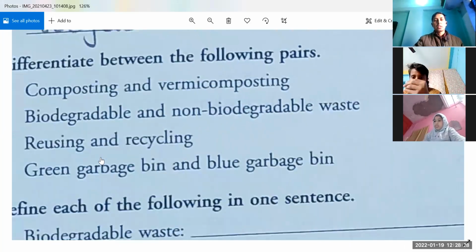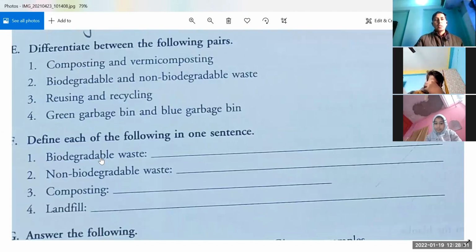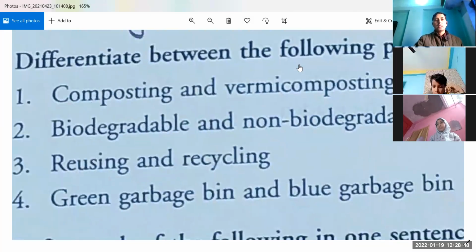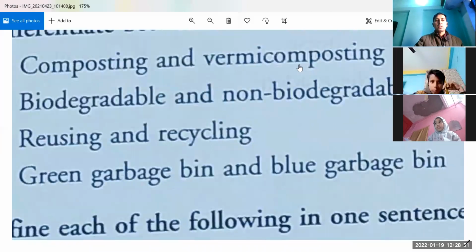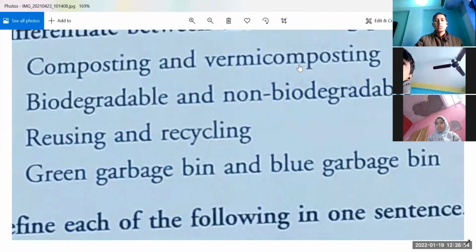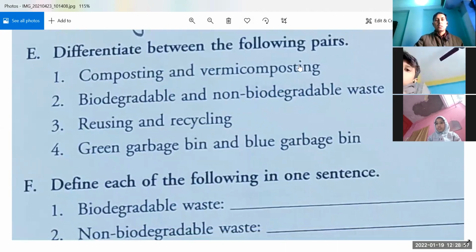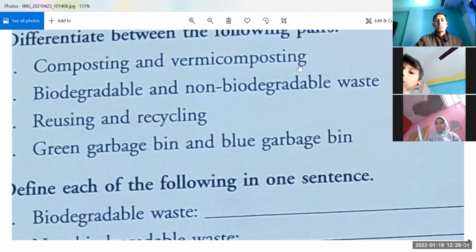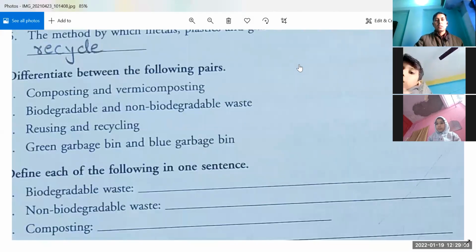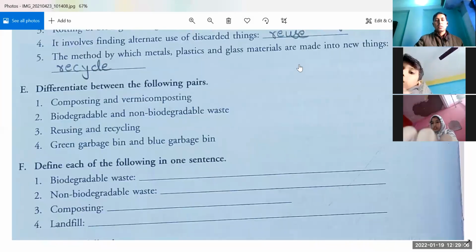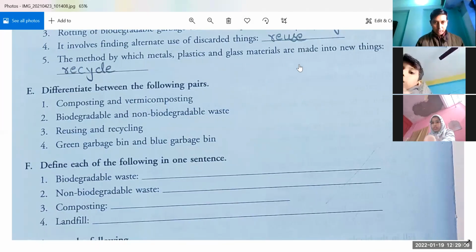Okay, so we will write differentiate. Okay, let me take the whiteboard.